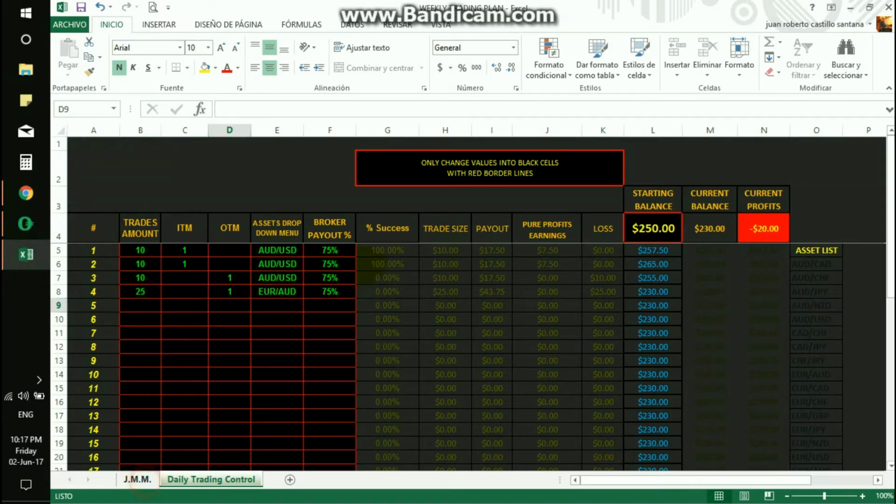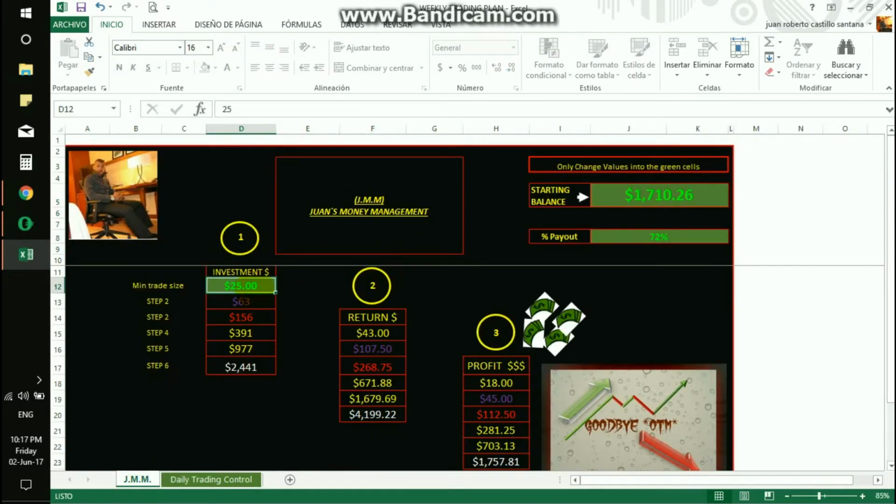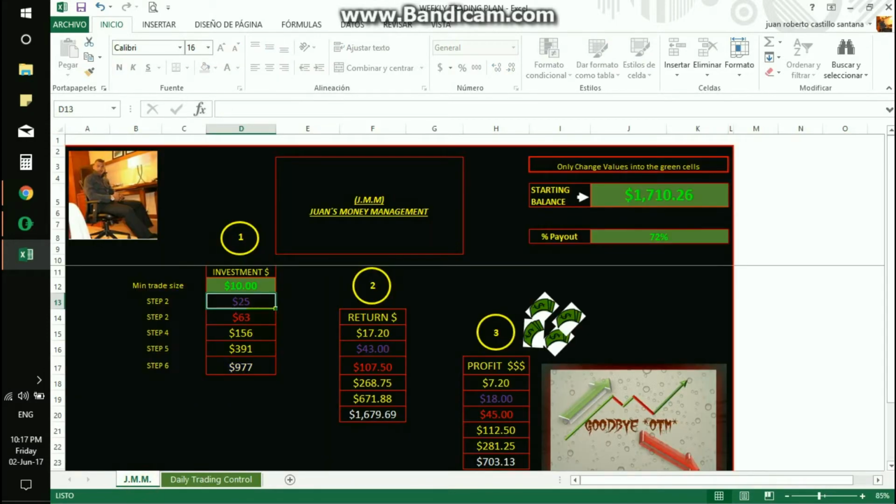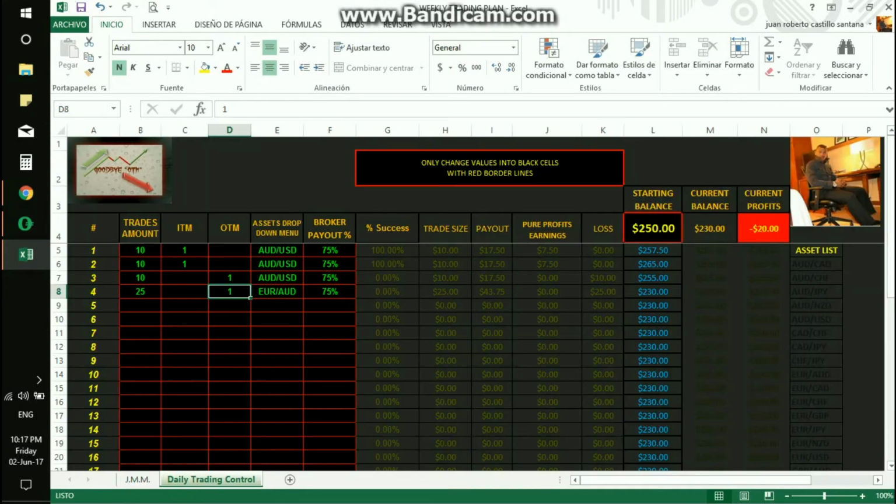For example, this is our money management right here. So our first investment was $10, and then we have an OTM. Then we need to increase our investment to $25, which is what we did over here, which is also OTM. And then our next step has to be a $63 investment, which we're going to place over there.